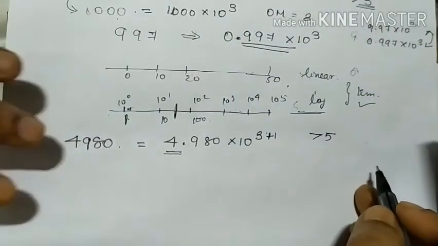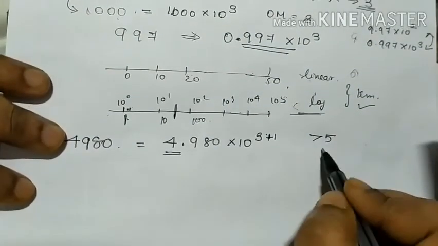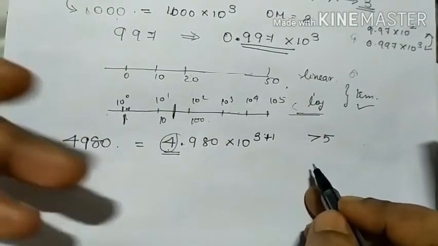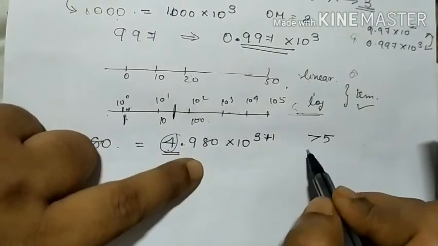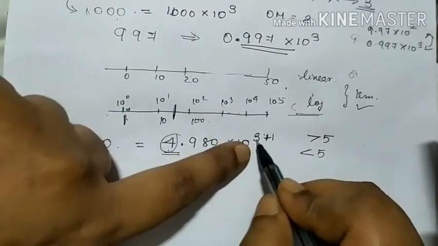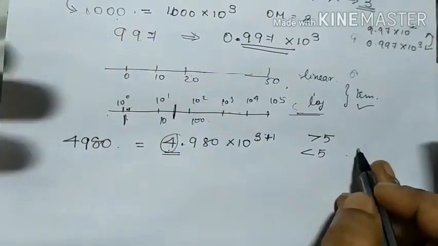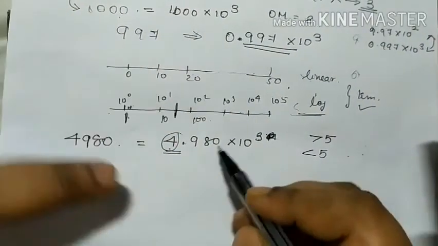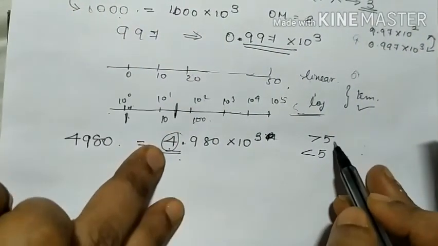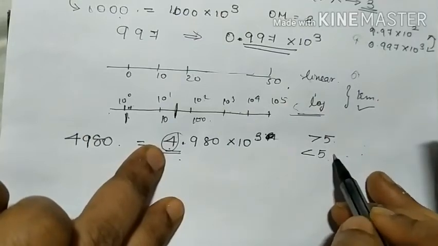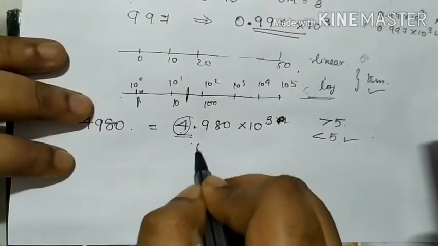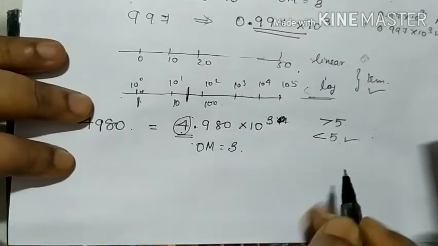I will give an example, right? Now, if the first digit in the leftmost position of the decimal is less than 5, put that value of the order of magnitude as it is. I hope you understood. I will give this example, right? Let's see. 4. Look whether it is greater than 5 or less than 5. It is less than 5. So, no change, guys. You can straight away write the order of magnitude is 3.